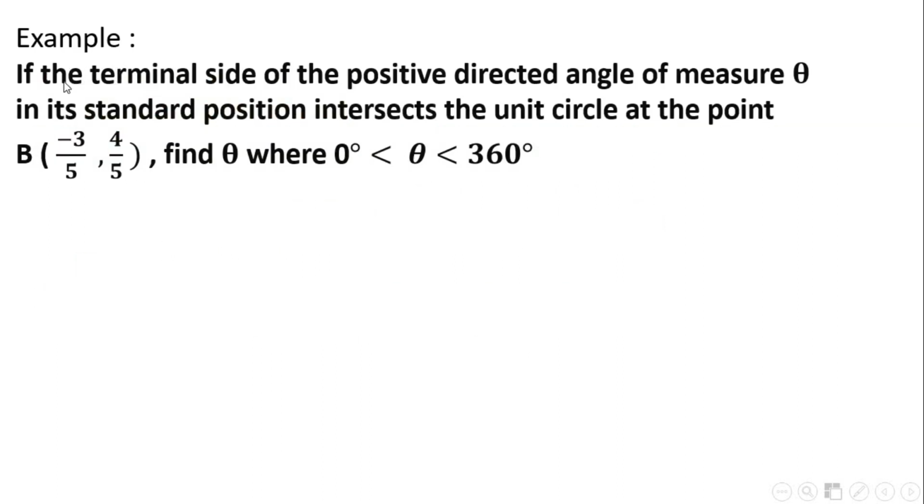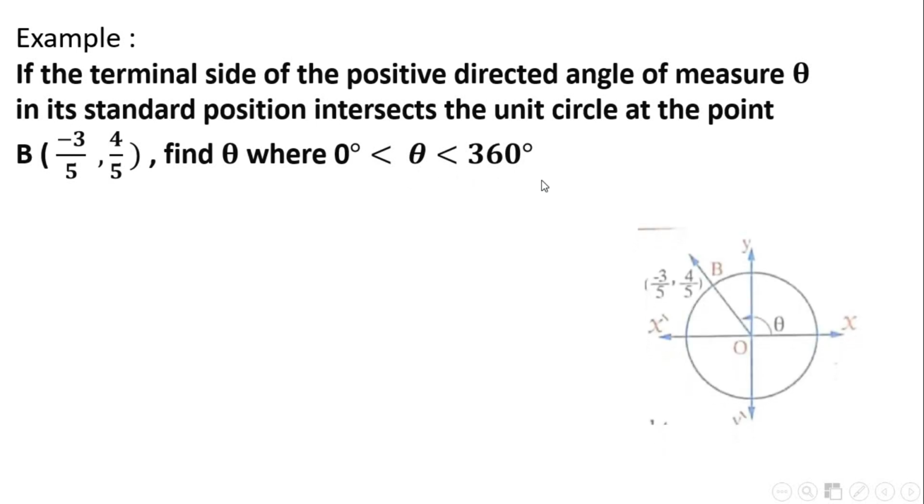Another example: if the terminal side of the positive directed angle of measure theta in its standard position intersects the unit circle at the point P equals negative 3 over 5, 4 over 5, find theta where 0 degrees is less than theta less than 360 degrees.